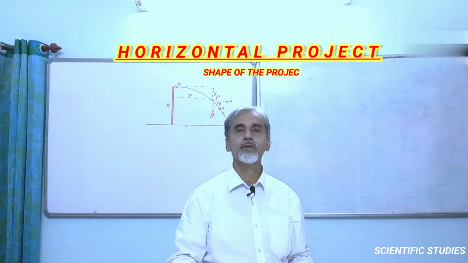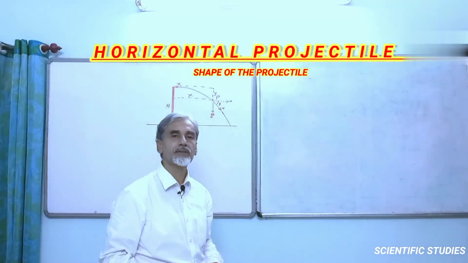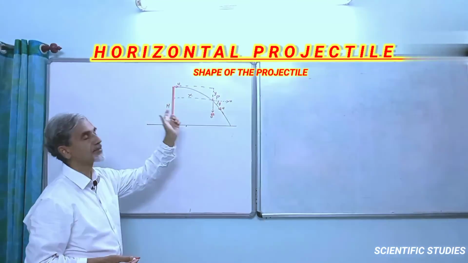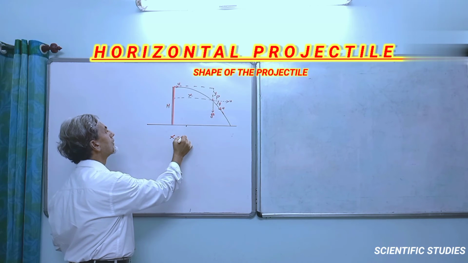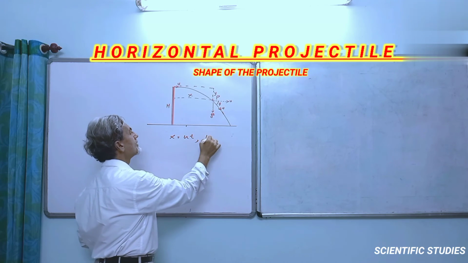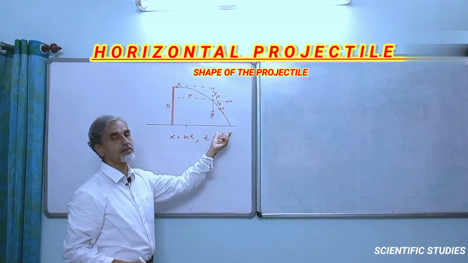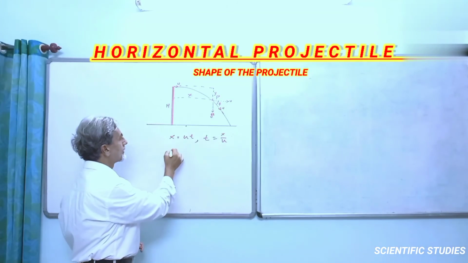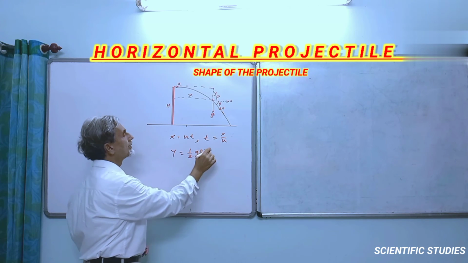The shape of the horizontal projectile is parabolic as in the case of the oblique projectile. We know that the horizontal displacement x is equal to u into t. That means t is equal to x by u, where x is the horizontal displacement and u is the initial velocity. And the vertical displacement y is equal to half gt square.